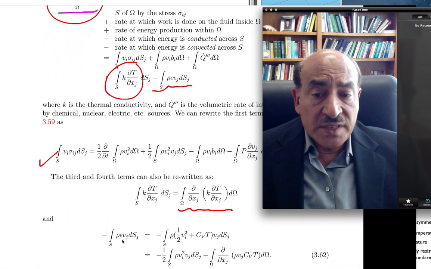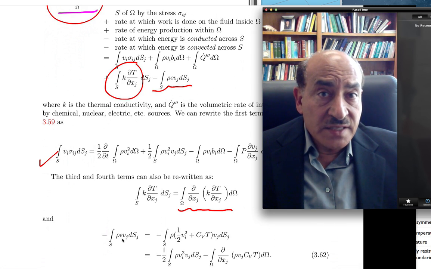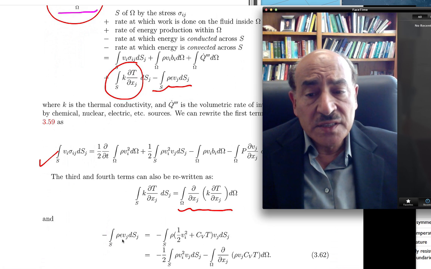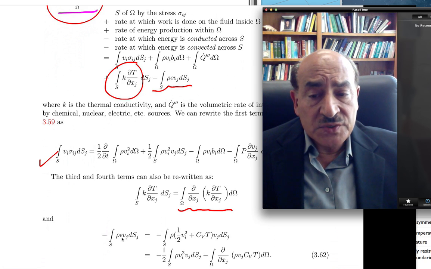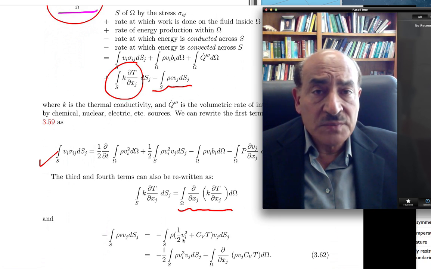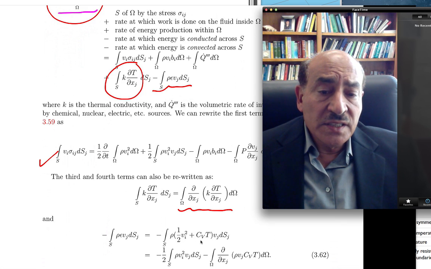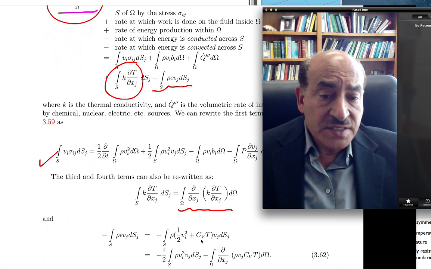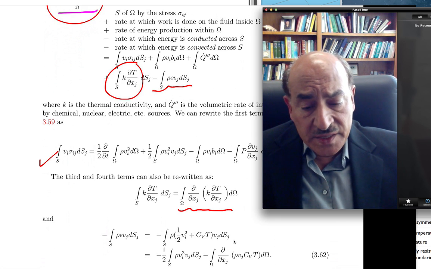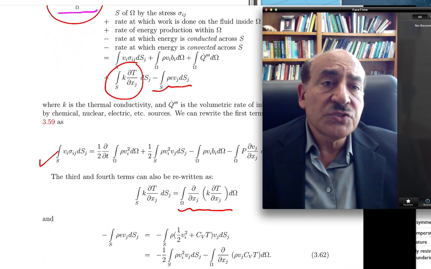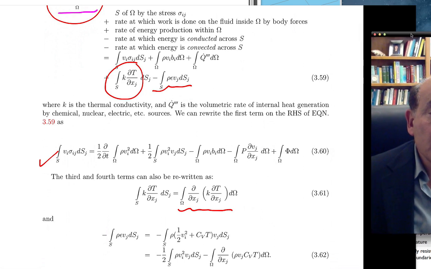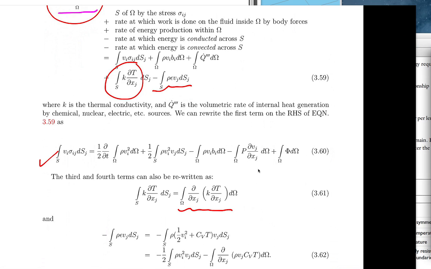Now the next one is the energy that is convected across the boundary, and we substitute for epsilon. It has two terms, the kinetic energy and the internal energy, Cv times T, and those are across the surface. And here again we're going to try to use the divergence theorem as usual.